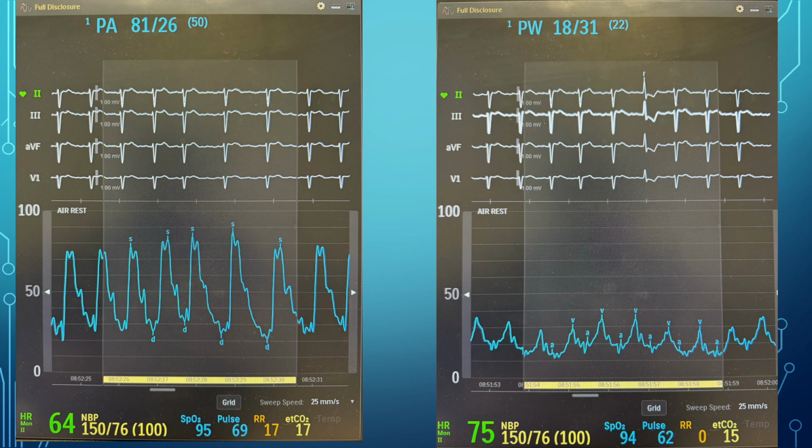Here it has special waves, and there is a V wave from the mitral valve regurgitation effect on the patient. So this is with the wedge pressure.